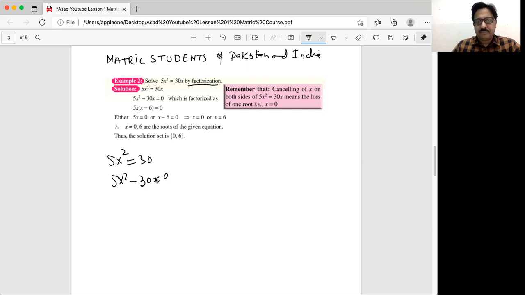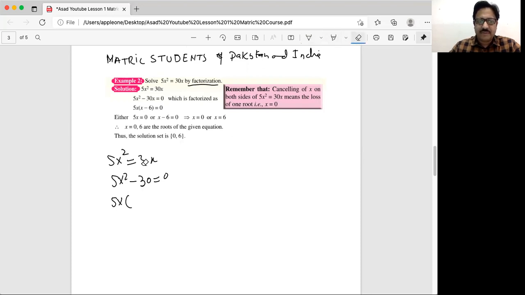Now see what we will do here. Now I can take 5x common. No, not 5x common, I can take 5 common here. Yeah, 5x. Sorry, this is x. This is 30x. I made a mistake here.